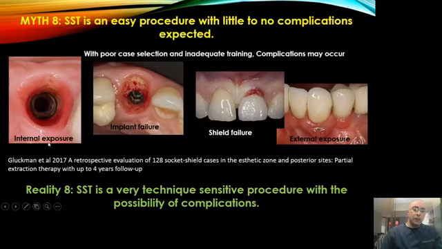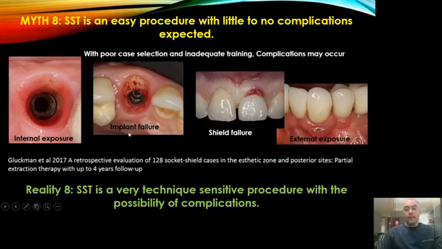Complications may be internal exposure of the root, which doesn't show that the shield or the implant is failing. We can do some trimming of the shield and give the gingiva the chance to regrow around it and seal the implant itself.